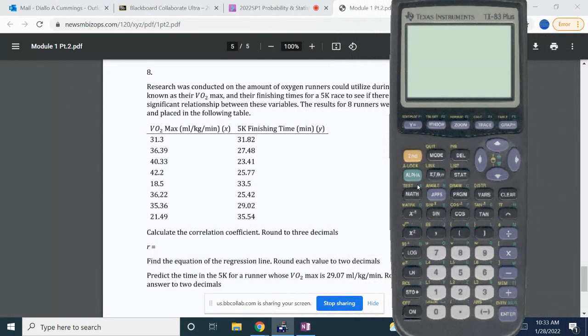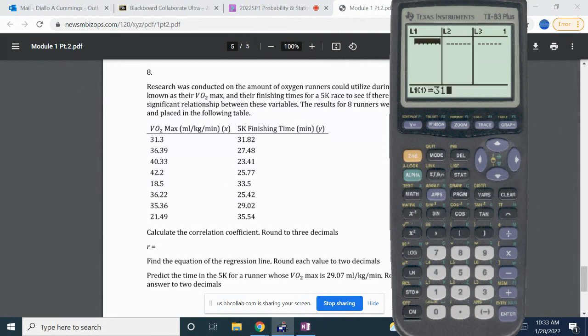and I'm going to go into my list, and I'm going to enter in the oxygen amount as list 1, and I'm going to enter in the finishing times for a 5K run as list 2. So first I'm going to turn on the calculator. I'm going to go into stat. I want to edit the list, so I'm simply going to press enter.